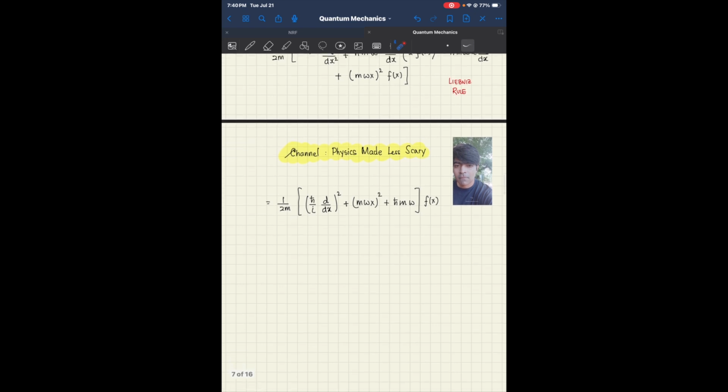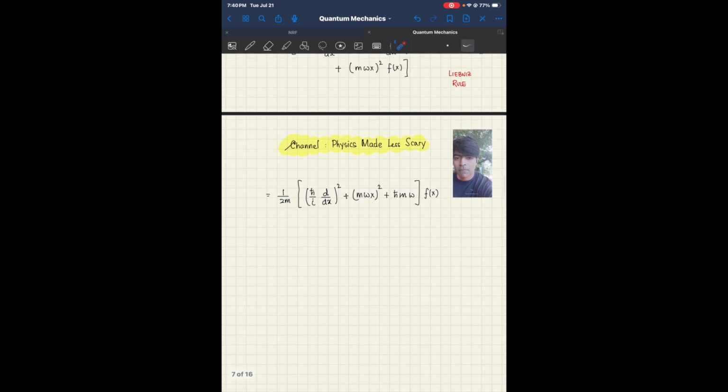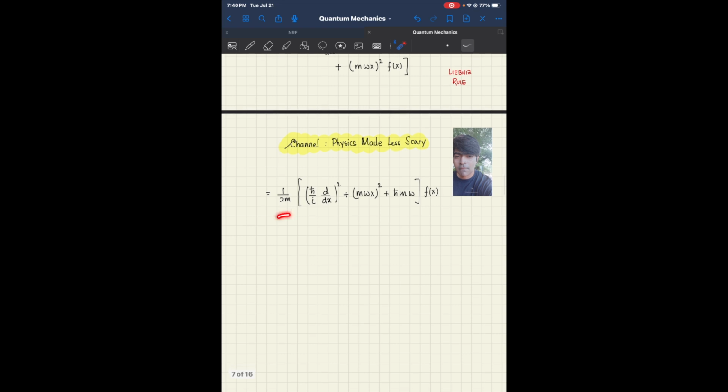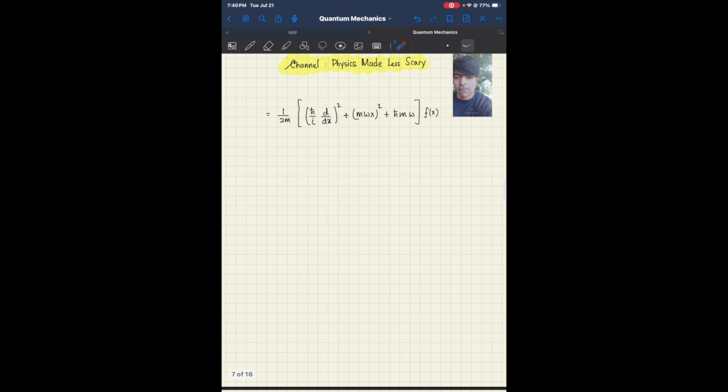Precisely why. So you get this term. So now you can read off what this a minus a plus is. So a minus a plus acting on f(x) is this whole thing acting on f(x), right? Now you can write that this is just this expression. So that's the correct way.